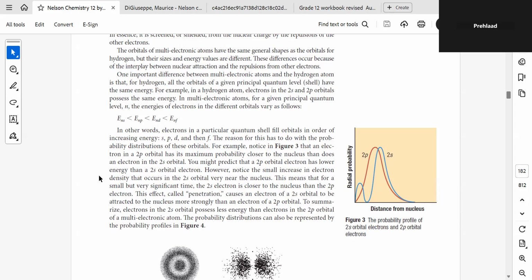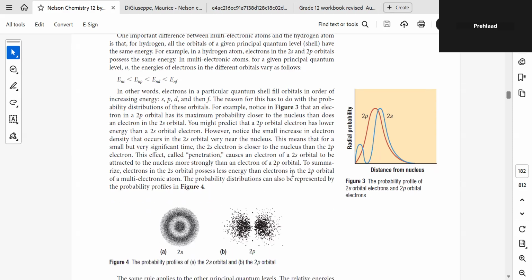This means that for a small but very significant time, the 2s electron is closer to the nucleus than the 2p electron. This effect, called penetration, causes an electron of the 2s orbital to be attracted to the nucleus more strongly than an electron of the 2p orbital. To summarize, electrons in the 2s orbital possess less energy than the electrons in the 2p orbital.